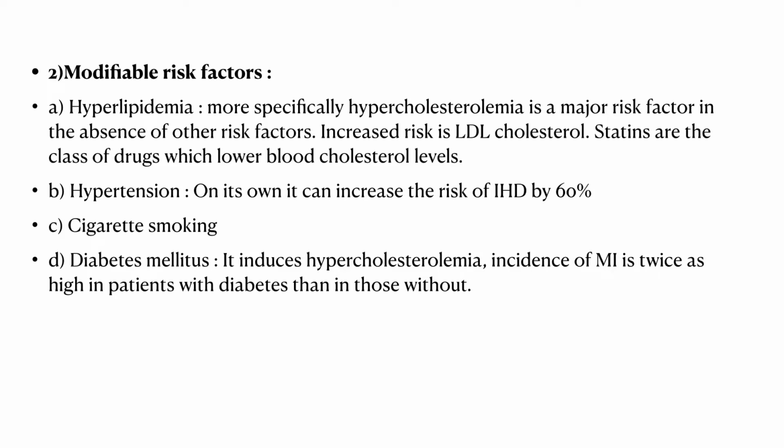It induces hypercholesterolemia, and the incidence of myocardial infarction is twice as high in patients with diabetes than in those without diabetes. It also increases the risk for stroke and there is a 100-fold increased risk of atherosclerosis-induced gangrene in the lower extremities compared to patients without diabetes.